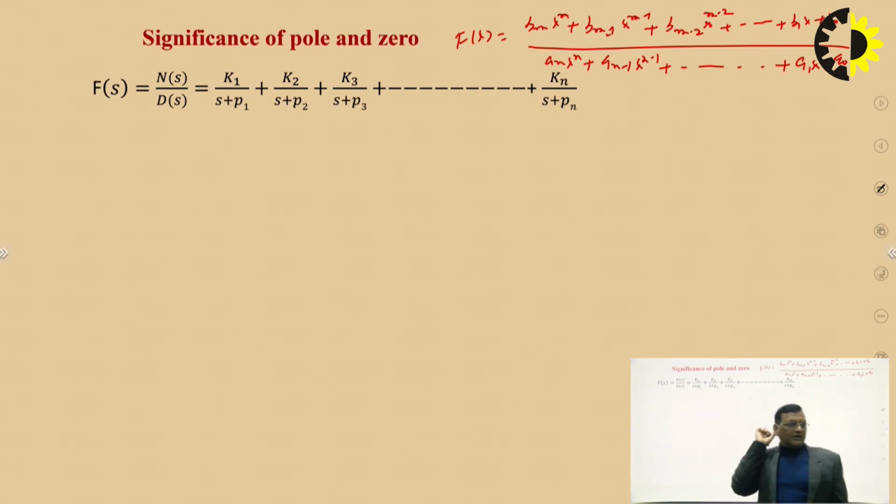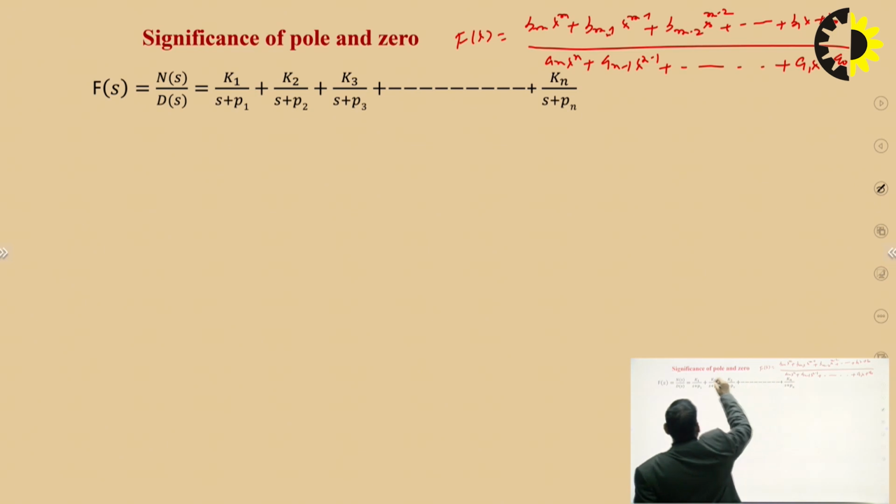So if you are required to carry out the time response of this function F(s), what we do, as we discussed in the previous lecture, is carry out the partial fraction expansion.